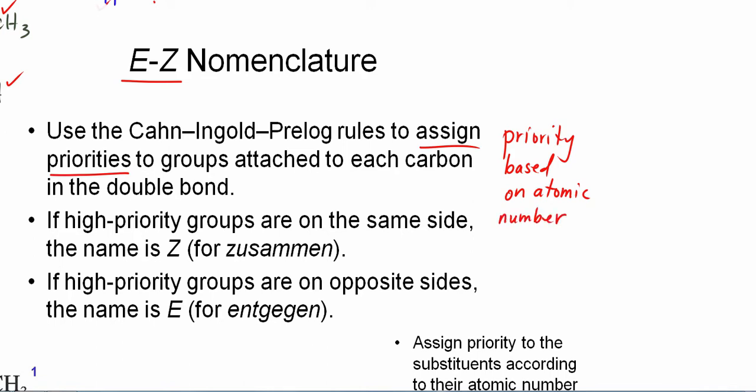The priority we're assigning is for whatever atom groups are attached to the sp2 carbons.